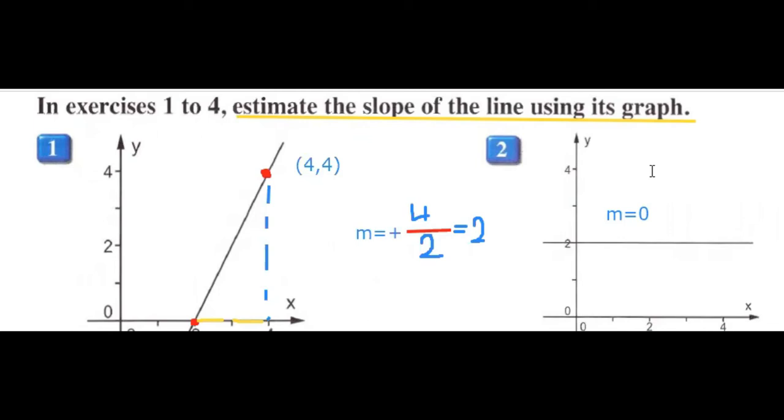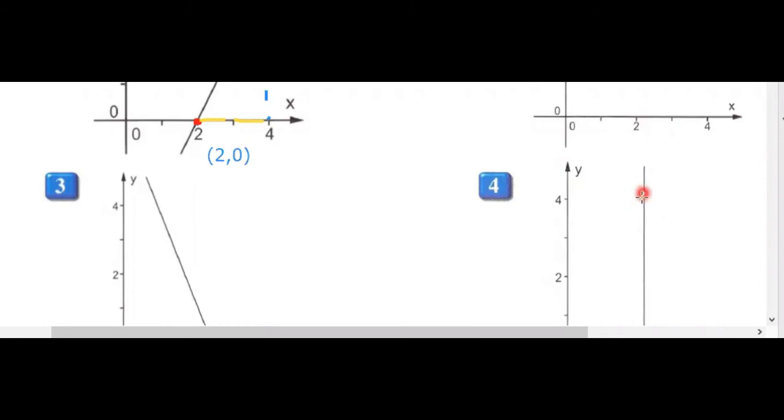So the slope of that table is 0. And let's say this is a table, so the slope of this line is 0.